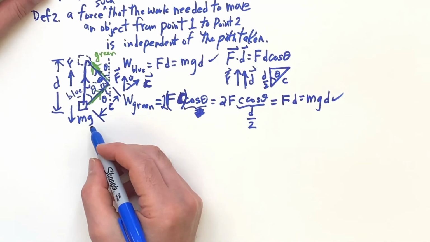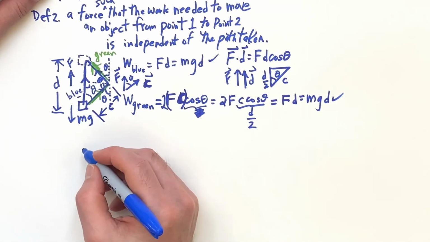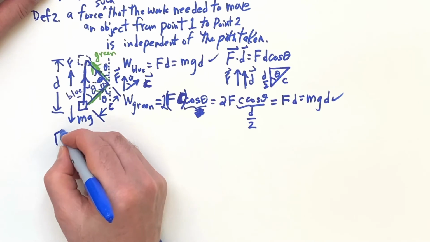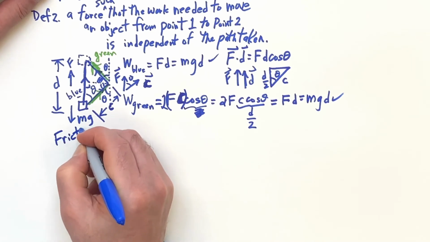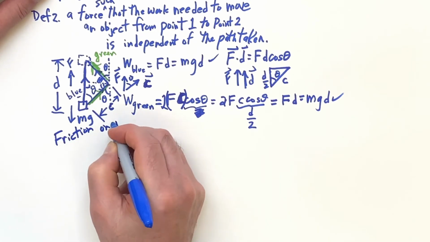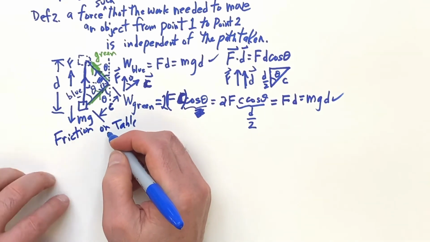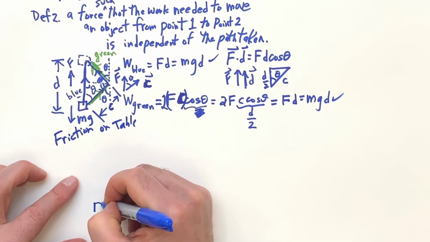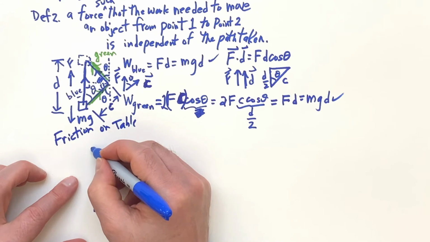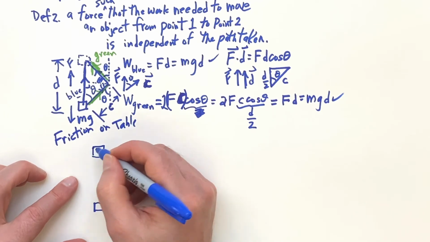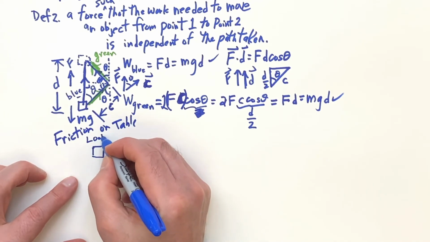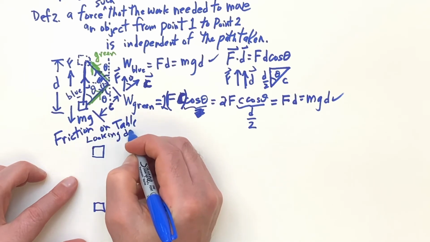Now if we consider the same kind of a problem where we're on a table, say we have friction on a table, and we want to move the mass from this part of the table. We're looking down, so this is like looking down at the table from the ceiling.